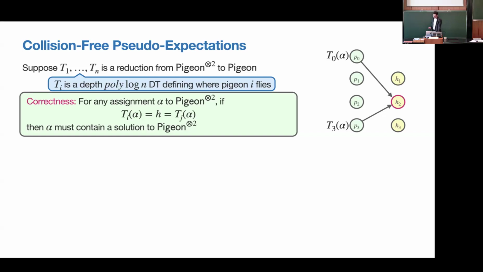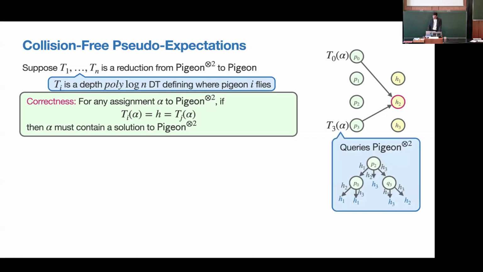Yeah, that's what I'm going to look at for now. It's a little simplified assumption. So this is the correctness property we have, and this is what I'm going to use to generate the conditions we're going to need in order to strengthen this pseudo expectation.